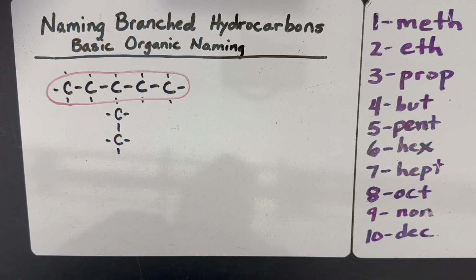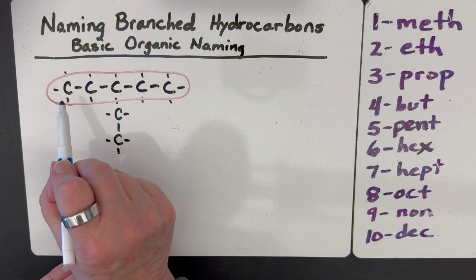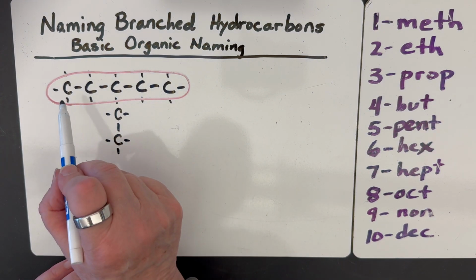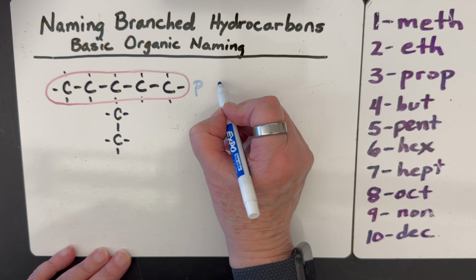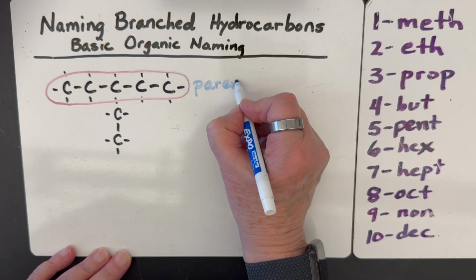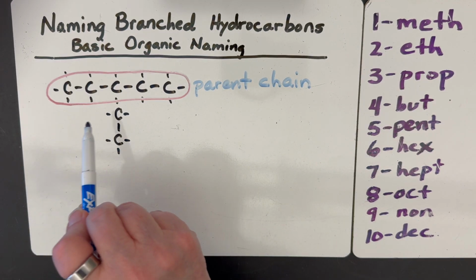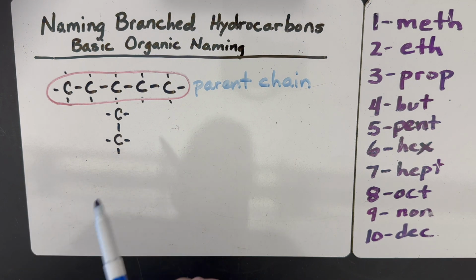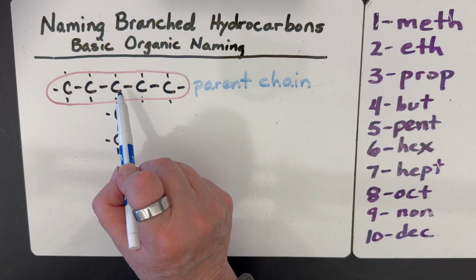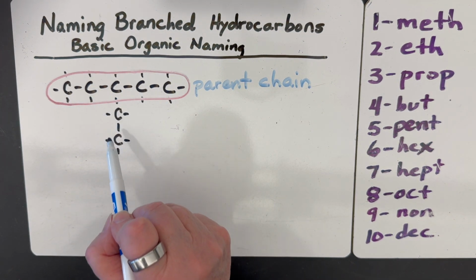It doesn't matter if you decided to go down that way, you're going to come out with exactly the same name. So you name the parent chain. The parent chain is the longest chain that you can find of carbon-carbon bonds that doesn't back up. Like we can't go 1, 2, 3, 4, 5, back up 6, 7.